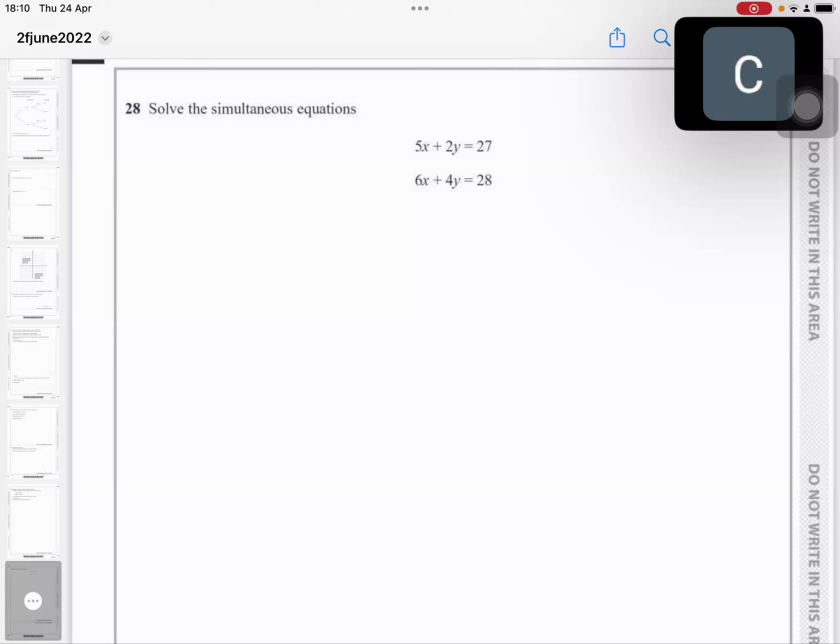I'm trying to launch my whiteboard, but I should stop screen sharing. Let me see if I can start it. I'm supposed to be able to annotate, but I'm not sure.